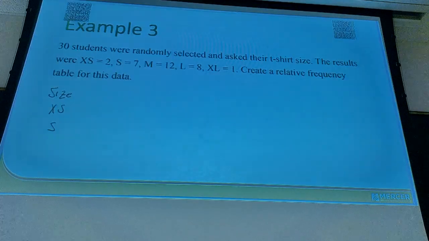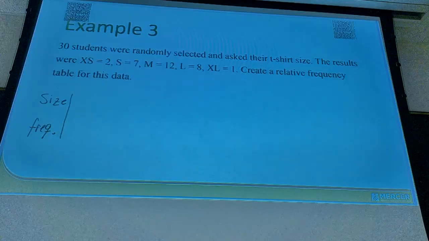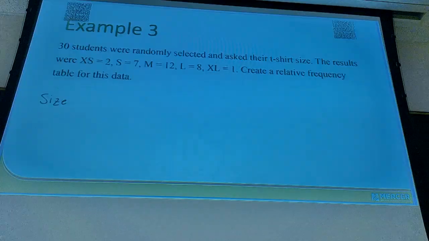Yeah, not. Okay. I guess I could do it this way instead. You may see a frequency table written this way too, by the way. Oh, that's not supposed to be frequency, that was supposed to be relative.